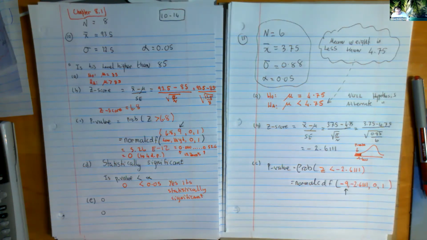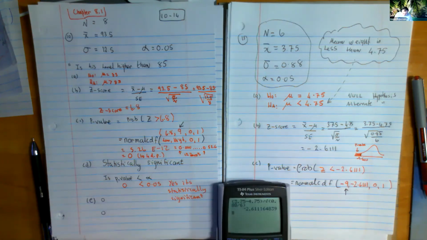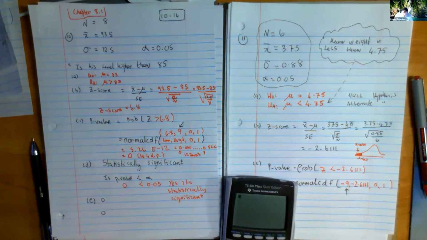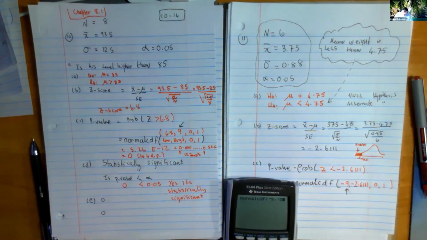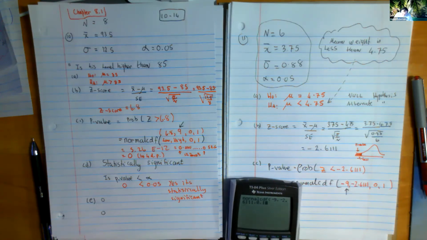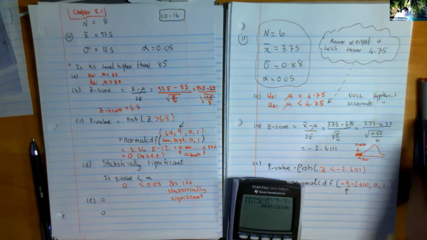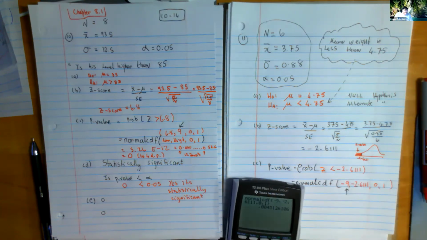You still use a 9, but a negative 9. Now I can use a calculator, and I'll go second distribution, choice 2, a negative 9, comma, a negative 2.6111, comma 0, comma 1, and the answer I get is 0.0045.